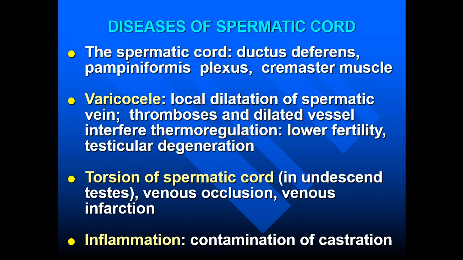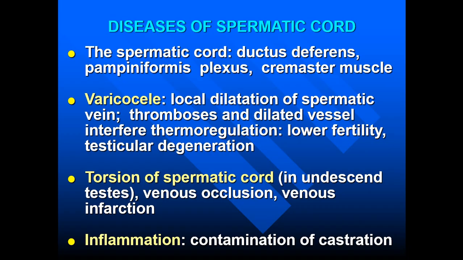This thrombosis will also interfere with the circulation of fluids in the spermatic cord. It will also cause what we call edema, and eventually these varicoceles will lead to lower fertility due to testicular damage. Testicular damage is related to the degeneration of the spermatogenic cells in the seminiferous tubules.